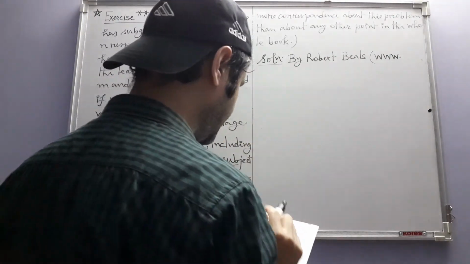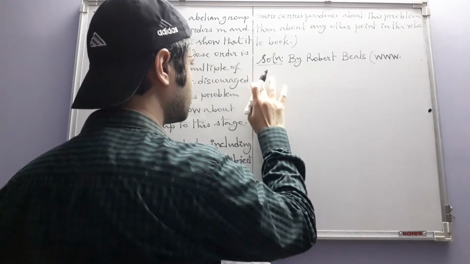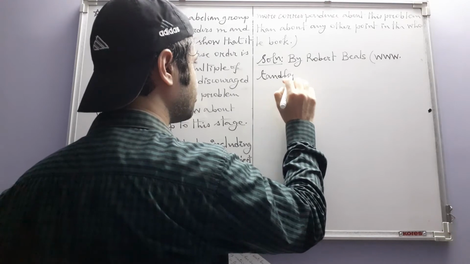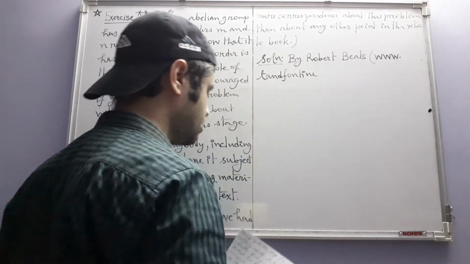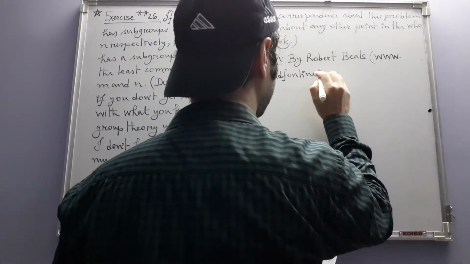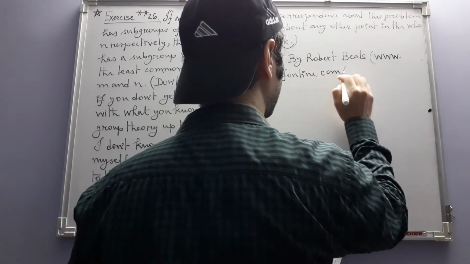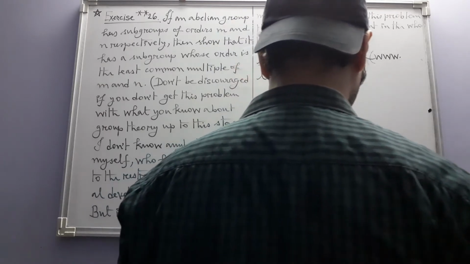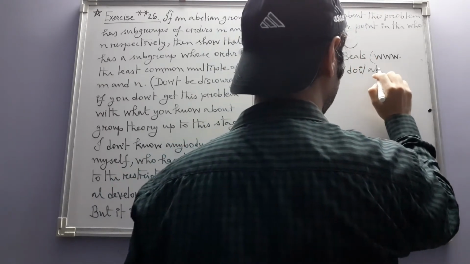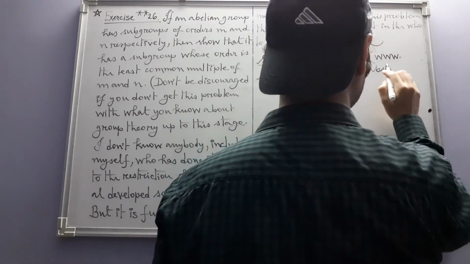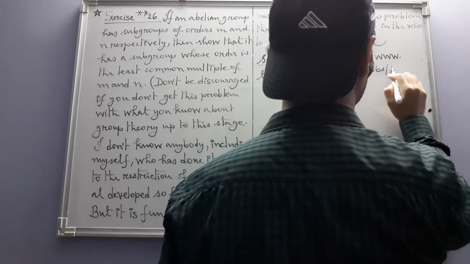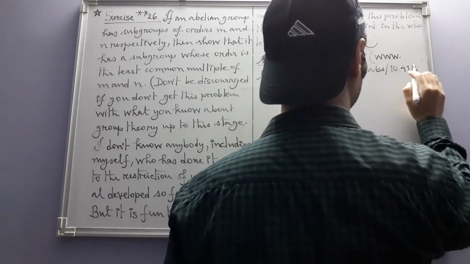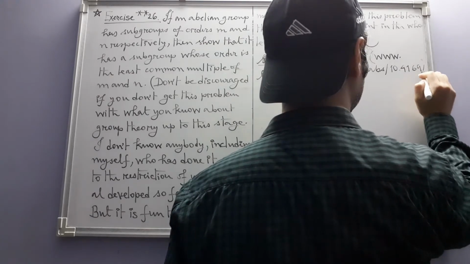Okay, so this is the address: T and F Online, Taylor and Francis Online .com, DOI/ABS/10.4169/2989 09 capital X 477 032.